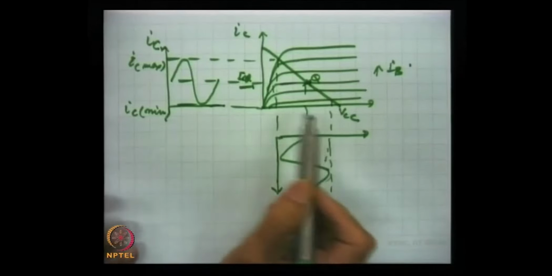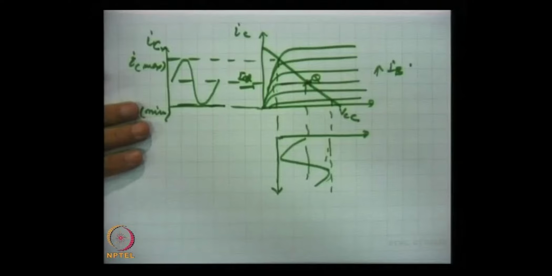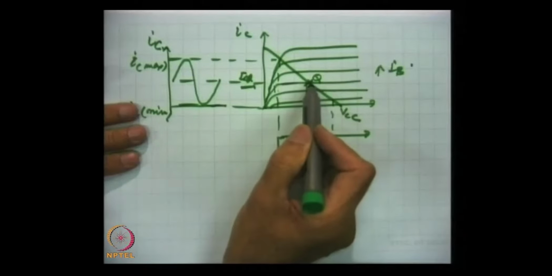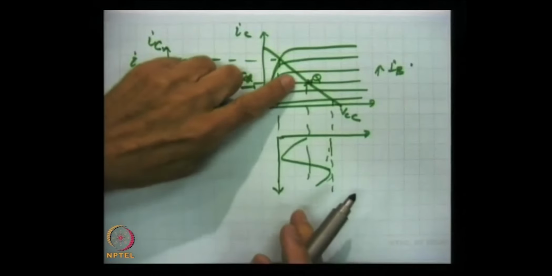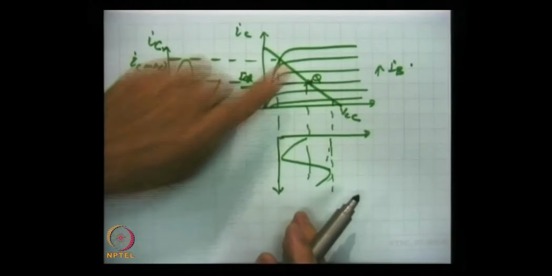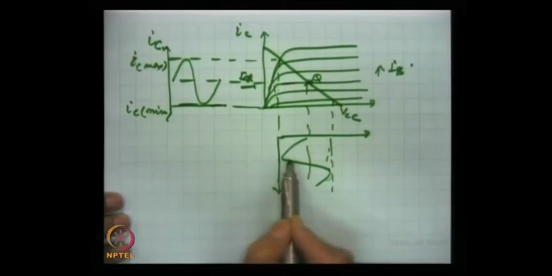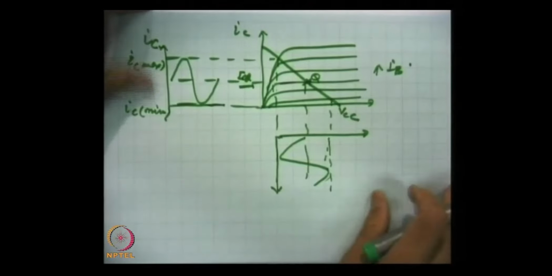Now I made it clear that to take the maximum advantage of undistorted output, the operating point has to be chosen at the center. If it is towards the saturation point, then part of this voltage will result in distortion, and that distortion will be like this.